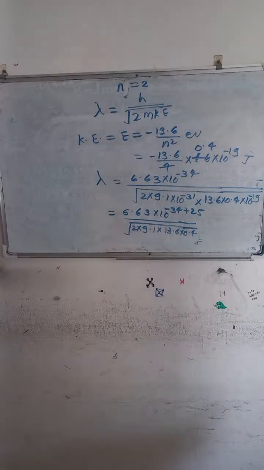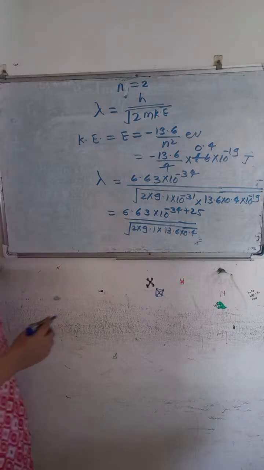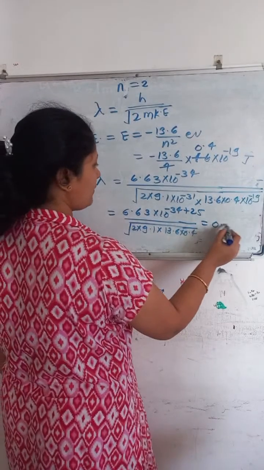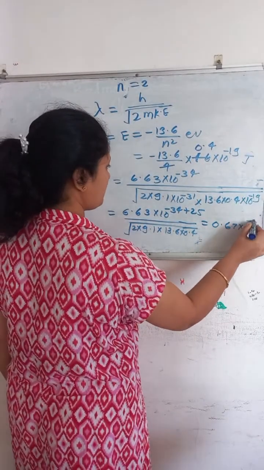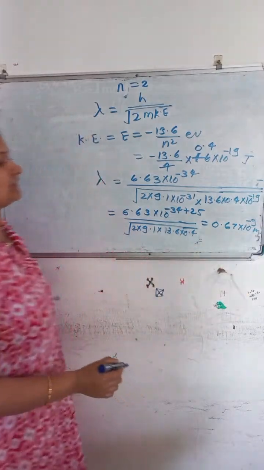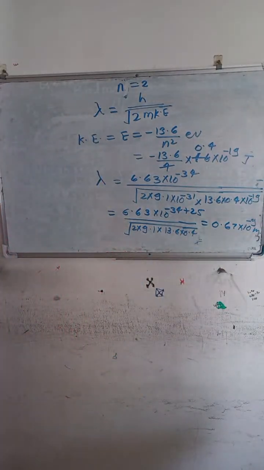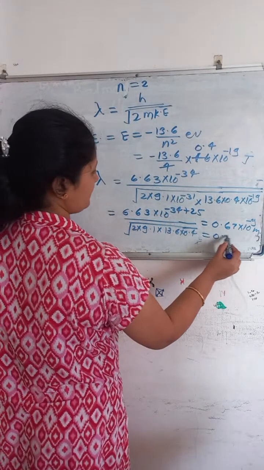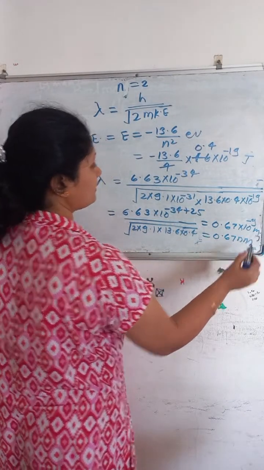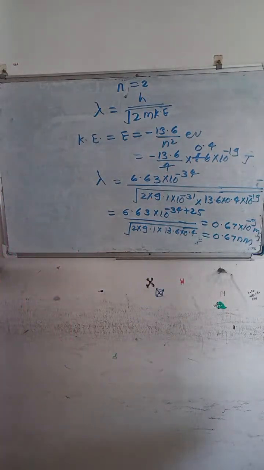After simplifying you will get something like 0.67 into 10 raised to minus 9 meter. This is nothing but your wavelength, or you can write 0.67 nanometer is the answer. Getting this? This is also a 3-mark question, a very important question.